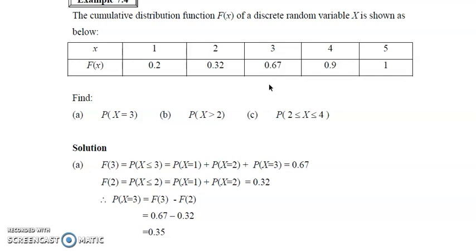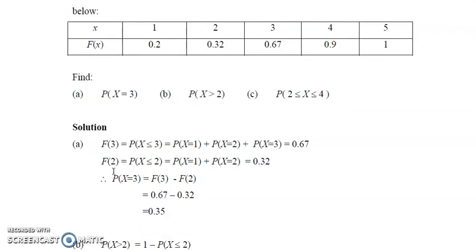So this is given to CDF, you want to find a specific PDF. Okay, so what can we do? From the solution, we know the CDF for 3 will be equal to the probability of x less than or equal to 3, which means the summation of the PDF from the probability of x is equal to 1 plus x is equal to 2 and 3.